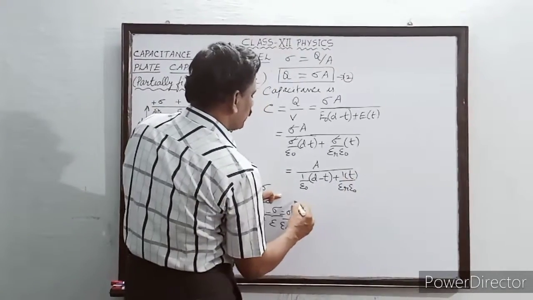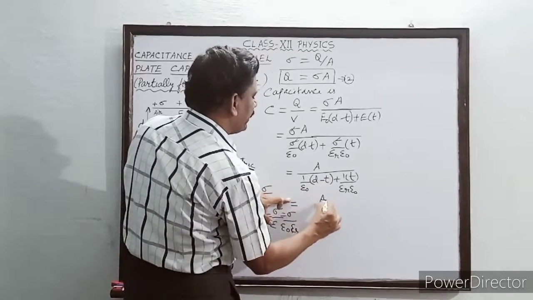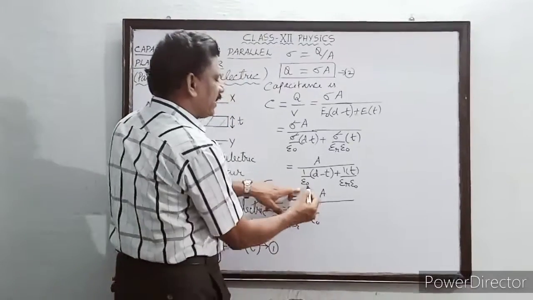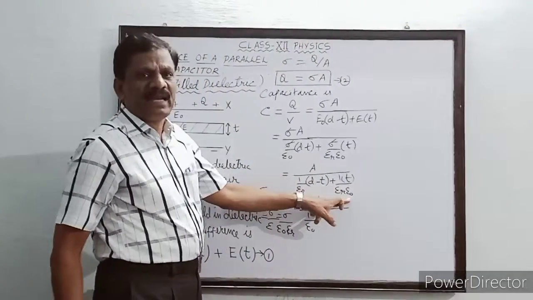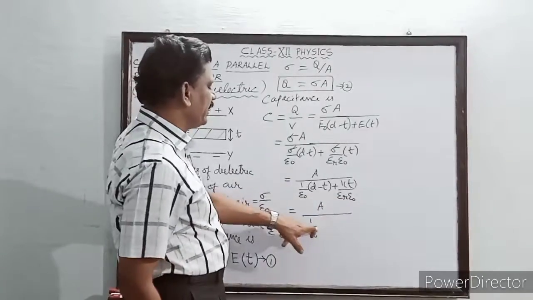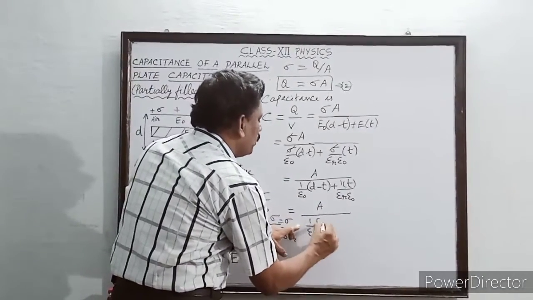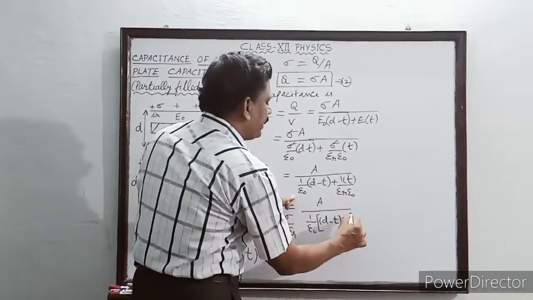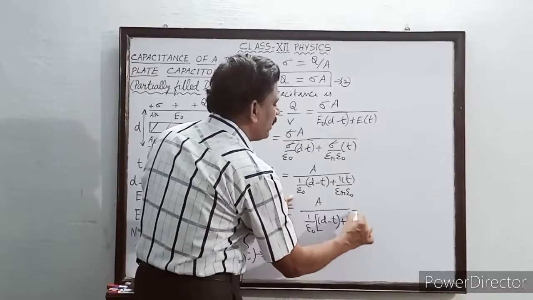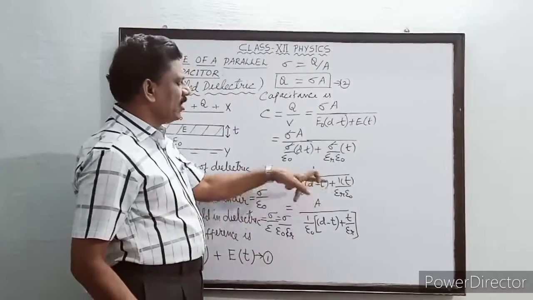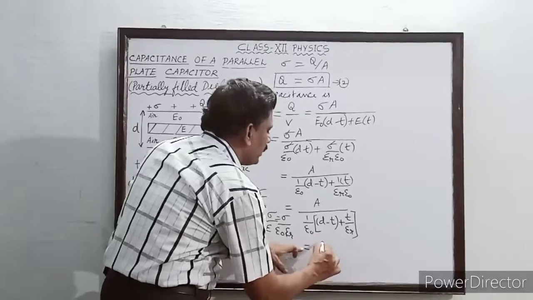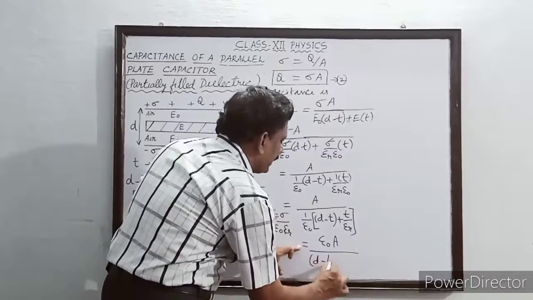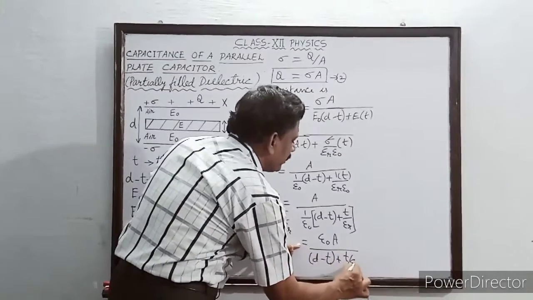Once again, 1 by epsilon naught is taken as a common factor, into (d minus t) plus t by epsilon r. So that epsilon naught is shifted, and this is equal to epsilon naught A divided by (d minus t plus t by epsilon r).